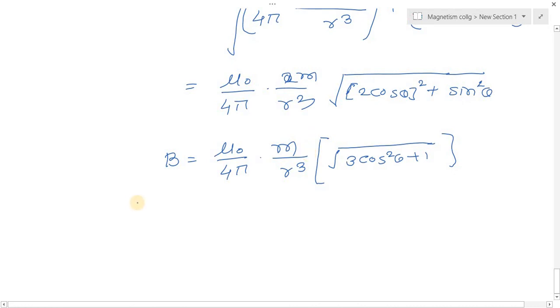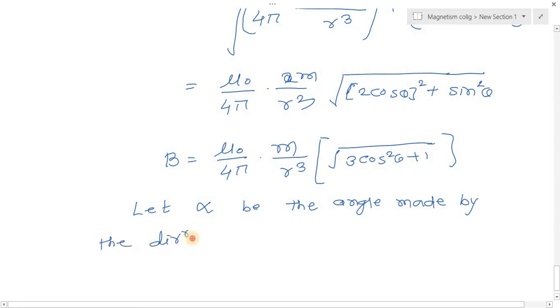Now let alpha be the angle made by the direction of B bar with R bar.